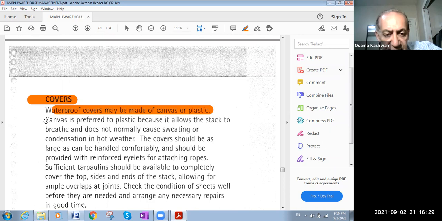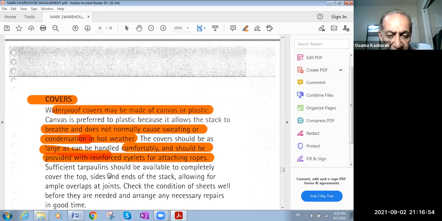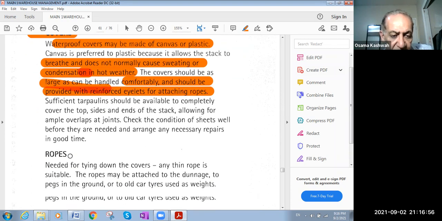Canvas is preferred to plastic because it allows the stack to breathe and does not normally cause sweating or condensation in hot weather. The cover should be as large as can be handled comfortably, and should be provided with reinforced eyelets for attaching ropes. How about the ropes?